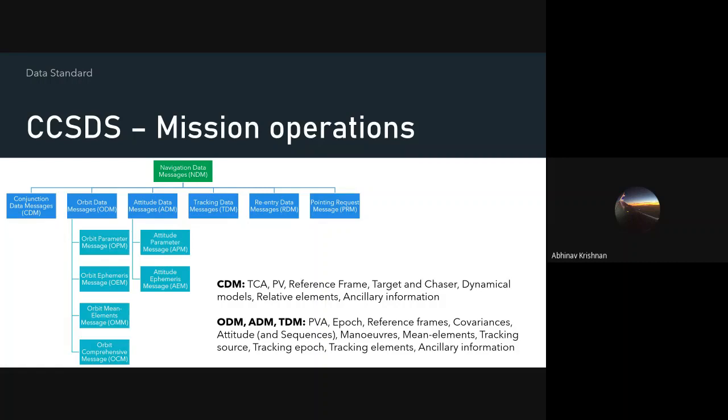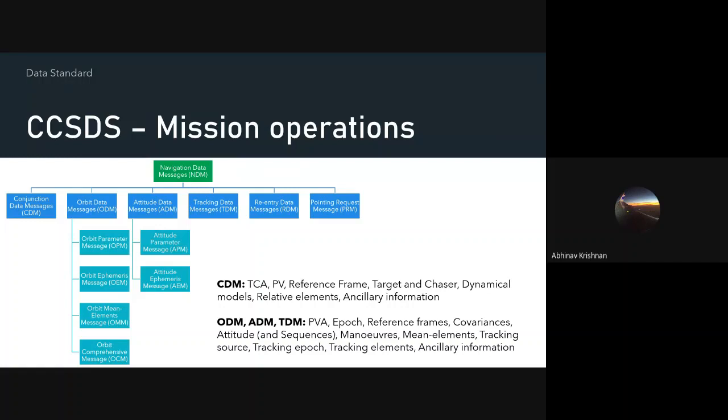Then the mean elements message is basically to generate two-line elements. I don't know how many people are familiar with two-line elements here, but it's a format used by Celestrak that is helpful for anyone who does not want to create a complex dynamical model and just wants to use a simplified general perturbation model for orbit propagation.